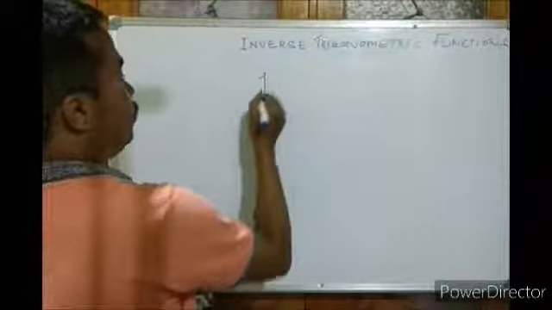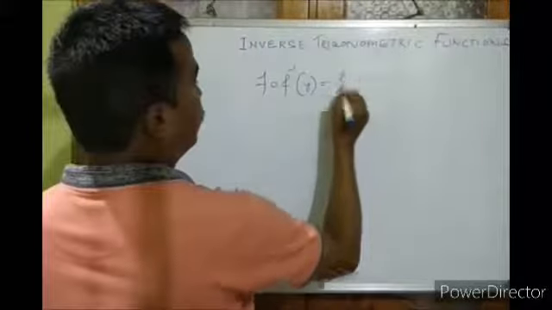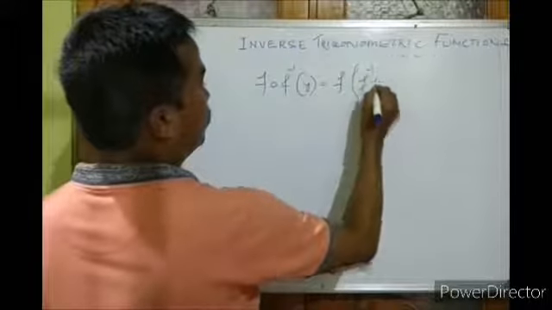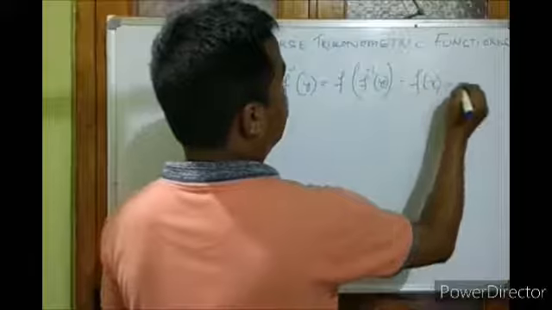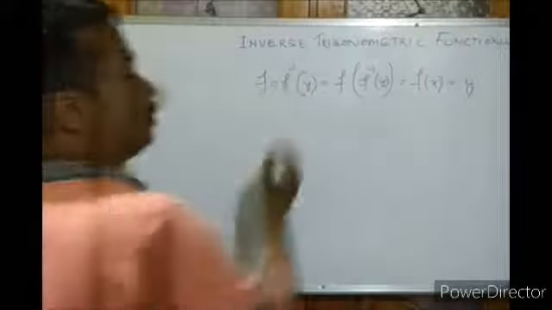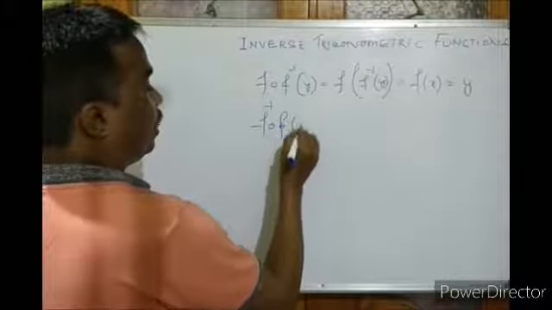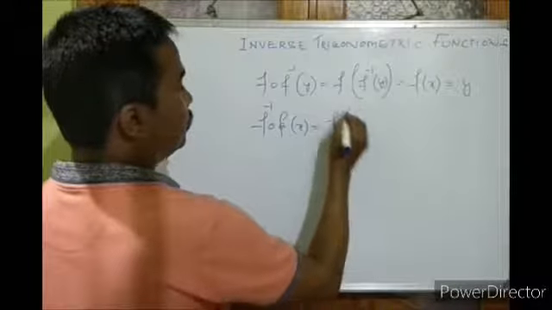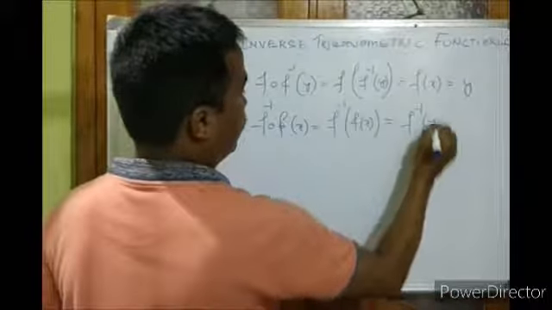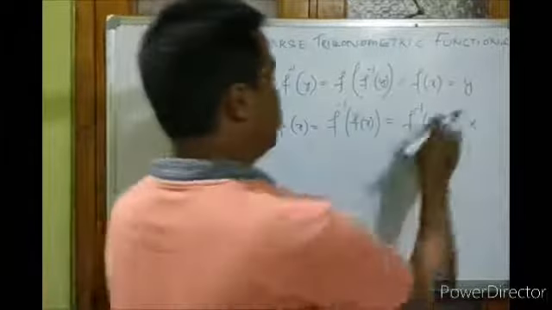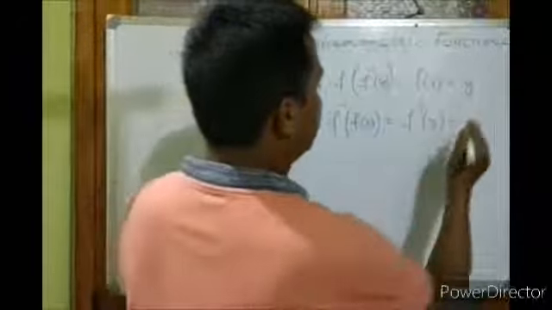By composition of functions, f inverse of f(x) is equal to x, so it is the identity function. So f(x) is equal to y, and f inverse of y is equal to x.